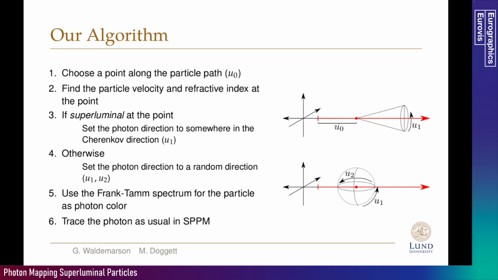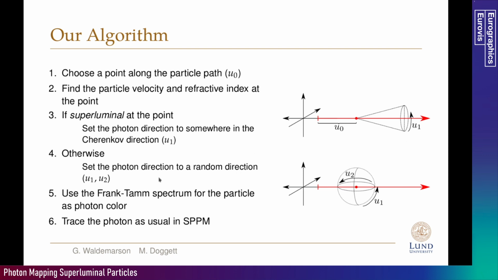First, we choose a random point somewhere along the particle path. Then, we find the particle velocity and the refractive index at that point, and we use that information to determine if the particle was superluminal at that given point. If that was the case, then we set the photon direction to somewhere inside the Cherenkov emission cone.